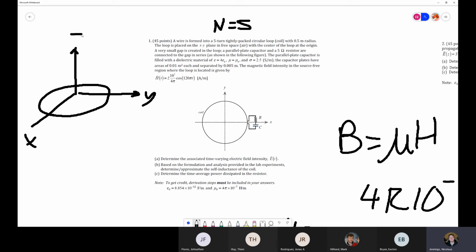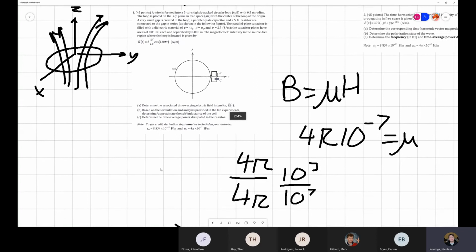You've got z. Then we know this right here is in the z direction, so it's going up like this. And we'll worry about the capacitor plates in a little bit when we solve for the average power dissipated in the resistor, because we have to solve for the equivalent impedance.